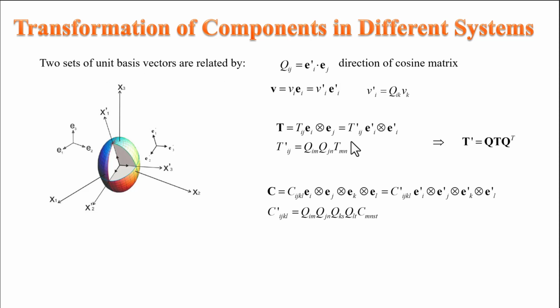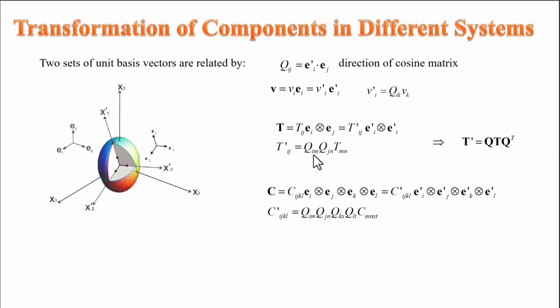However, these Cartesian components follow the tensor transformation rule. Defining a matrix Q as the dot product of the primed unit-based vectors and the unprimed base vectors, with Q_ij, the Cartesian components of a vector transforms according to this.